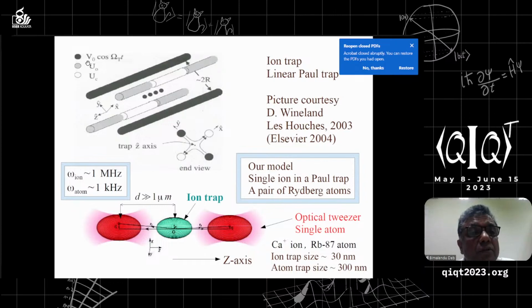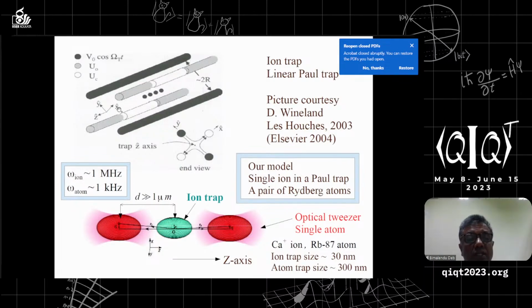So one uses the time-dependent voltage on these electrodes, the black ones, and some static voltages also. There are two electrodes, and actually three electrodes. A similar voltage is applied to these gray electrodes and in between.